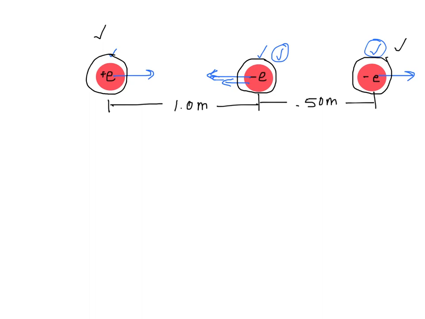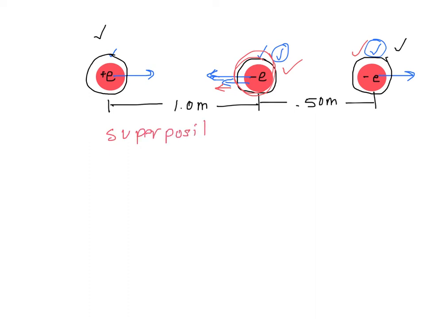If I wanted to find the interaction between this guy here in the middle with the other two, I would just find the individual forces between the one in the middle and the one on the left and subtract it, or actually I would add it because they're both pushing it to the left here, and then I would add it with the repulsive force between these two here and here. Okay, that's called superposition.